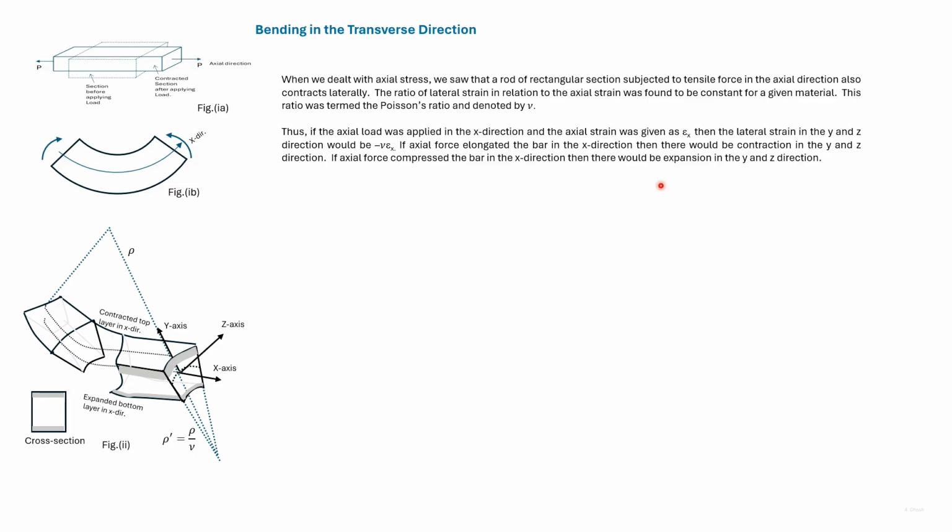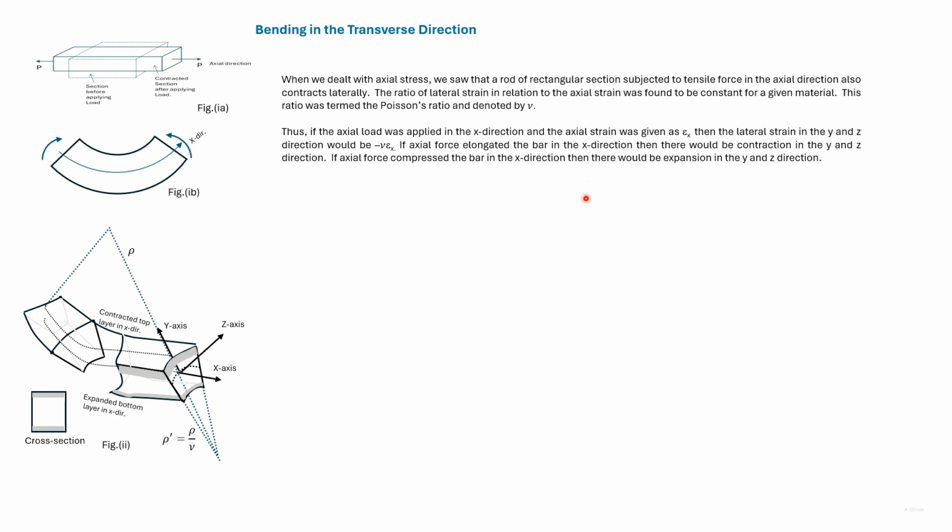For beams subjected to moment, we discussed that layers of fibers expand or contract in length. So for these fibers, we can expect contraction and expansion in the lateral direction.